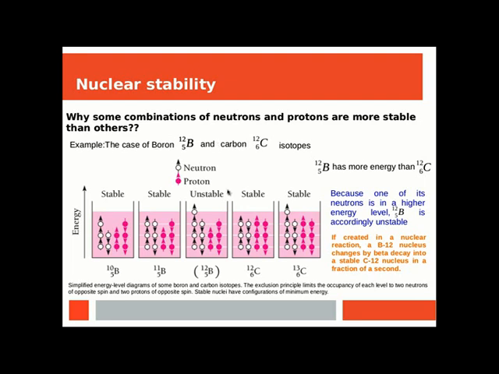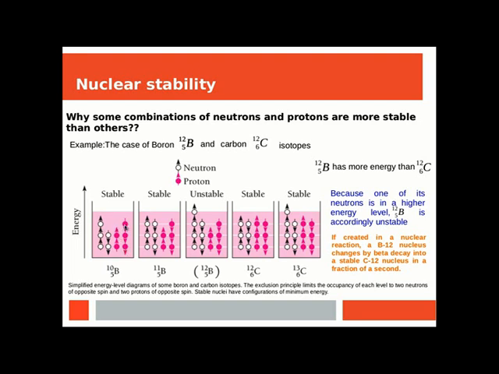Now you see, if you look at three different isotopes of boron, boron 10, boron 11 and boron 12. In boron 10, the arrangement of neutrons and protons is like this. You see, at each energy level, there are two neutrons of opposite spin and two protons of opposite spin.